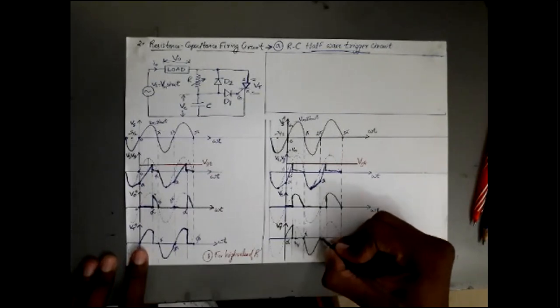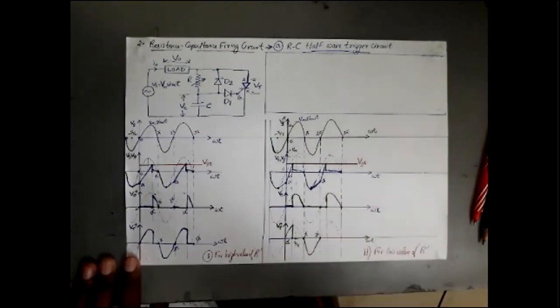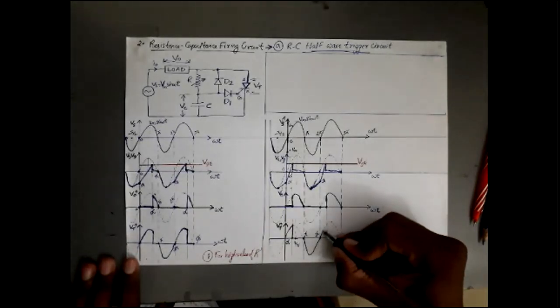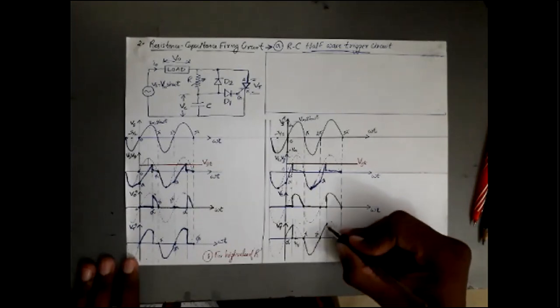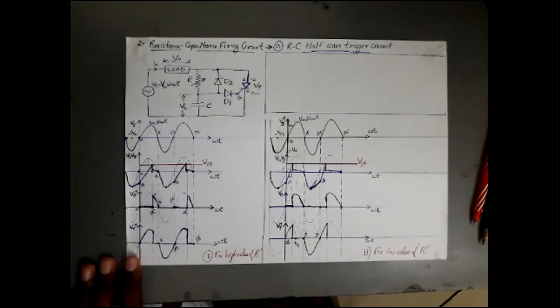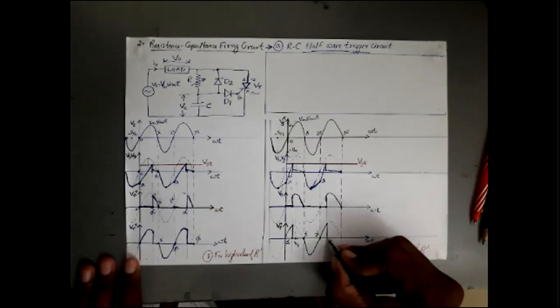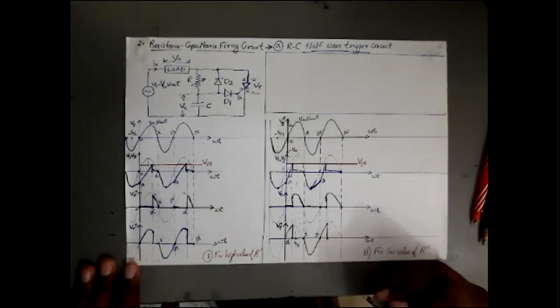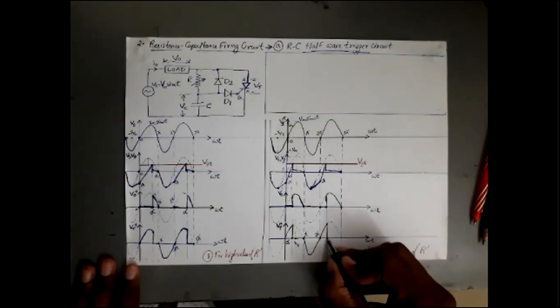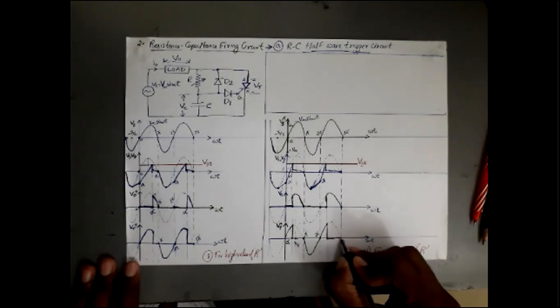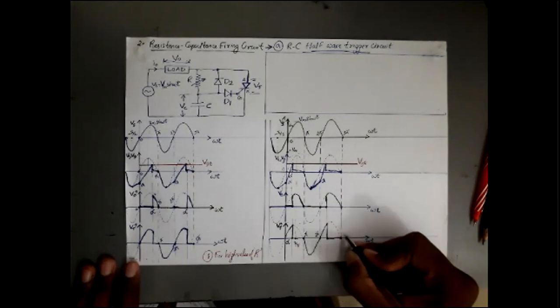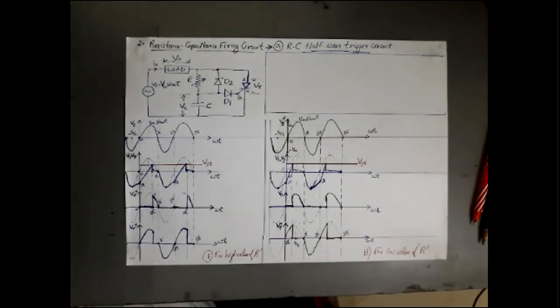And again at omega t is equal to 2 pi, what happens? My SCR is still in the off state and it continues in the off state till it is triggered. When it is triggered, my Vt has reduced to 0 because the thyristor acts as a closed switch at alpha when it is triggered. So from that point onwards, my SCR is conducting. So when it is conducting, 0 voltage will appear across my thyristor or SCR up to 3 pi, and the cycle continues.